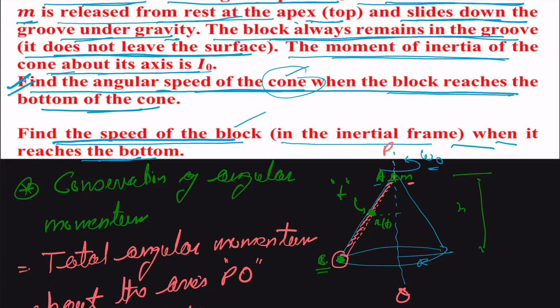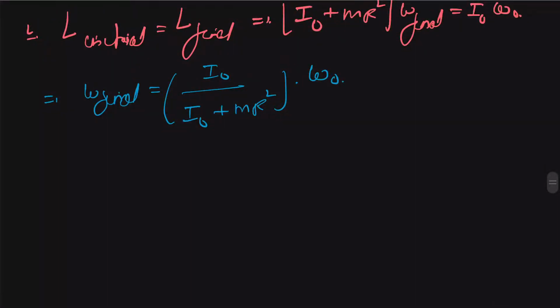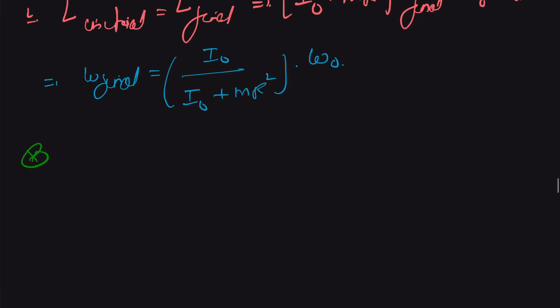Now we come to part B, and it is with respect to our inertial frame. For that we are going to use the conservation of energy concept. Because initially the block is at a height h and exactly at the apex, there will be no rotational energy, only potential energy will be associated with the block.